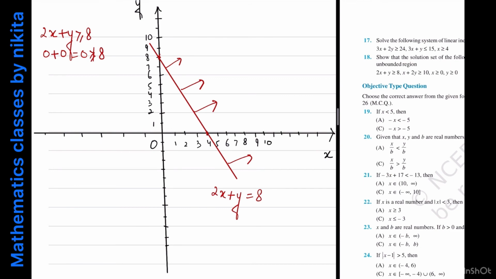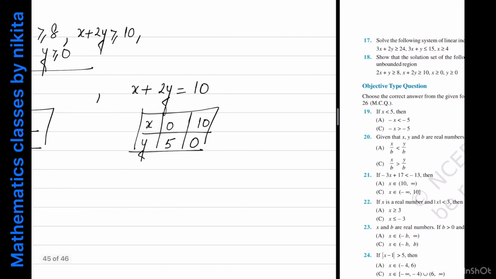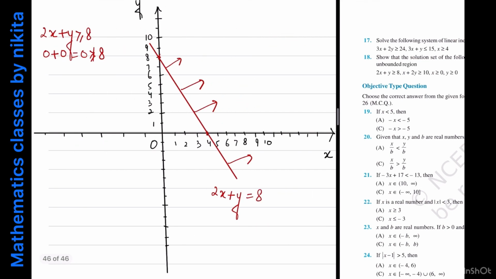Now let's see the second line. The second line passes through the point 0, 5 and 10, 0. So 0, 5 is this, and 10, 0 is this. So join the points.